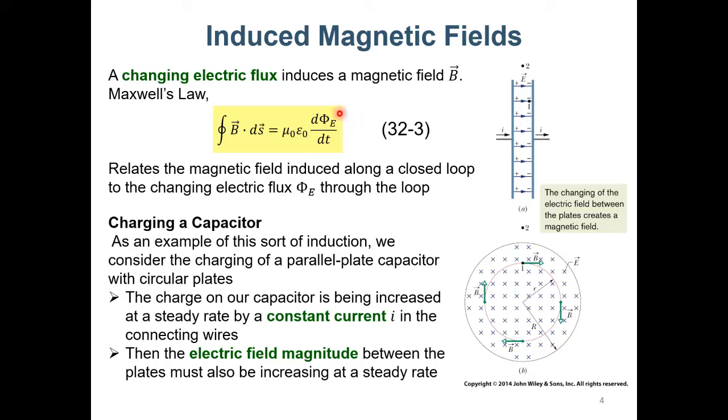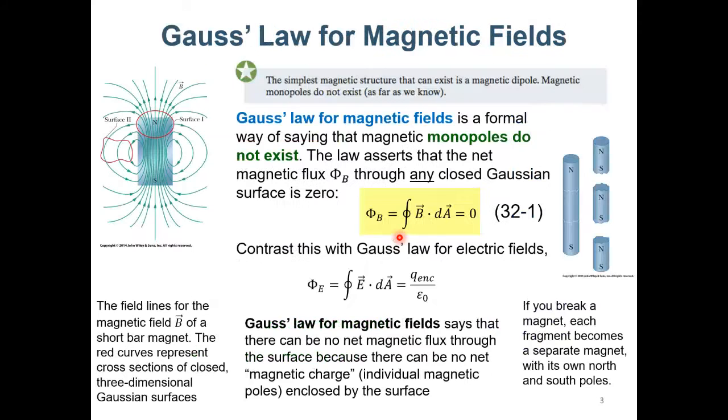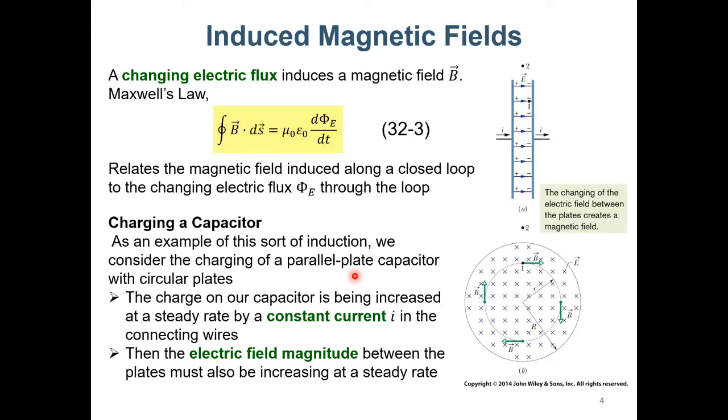So this is electric flux, the derivative or rate of change of the electric flux over a surface. It is not a closed surface as in Gauss law; that is a closed surface, while here it is not closed, only over a loop.